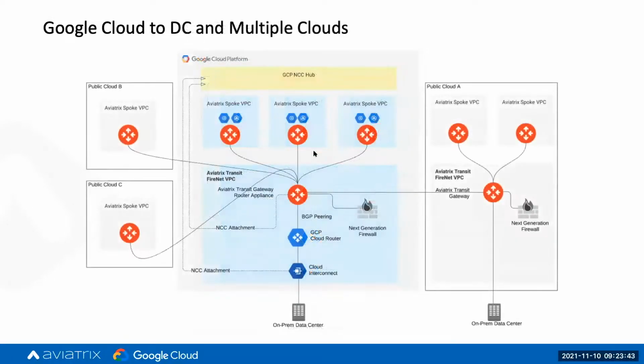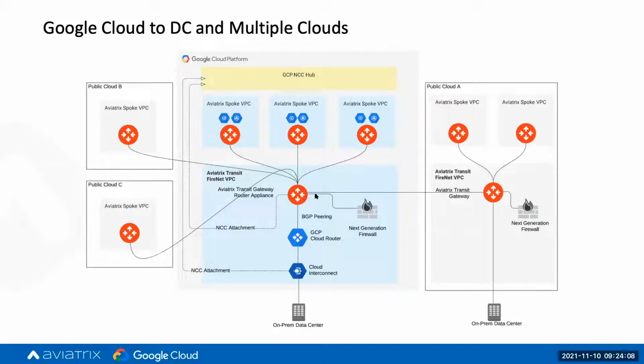Now, if you want to extend this model to other clouds, or if you want other clouds to also take advantage of these Google Cloud services, it's again a very simple and seamless operation. Within a single click, within a few minutes, you can provide this connectivity from Google Cloud Platform to other clouds, right? And here we have two different types of models again.